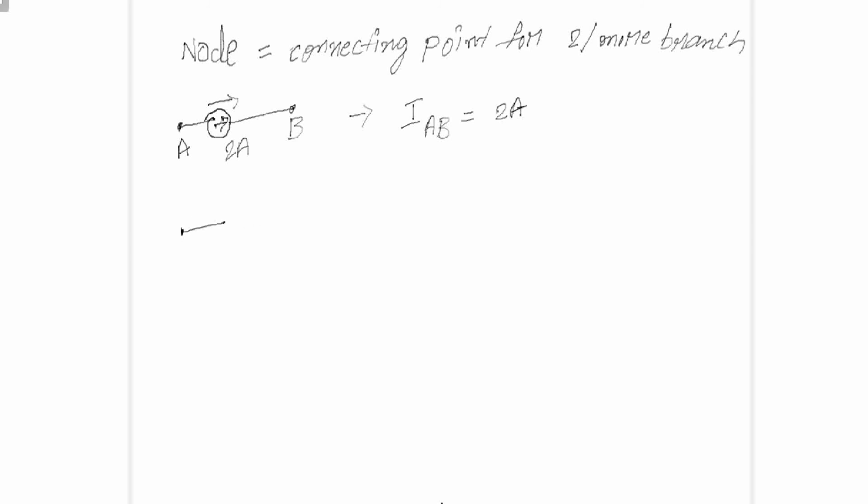Let us consider one more. Instead of a single current source, if I have a resistor, this is a point A and this is point B, the voltage at this point is VA, the voltage at this point is VB, the resistance is R, and the current is flowing like this.